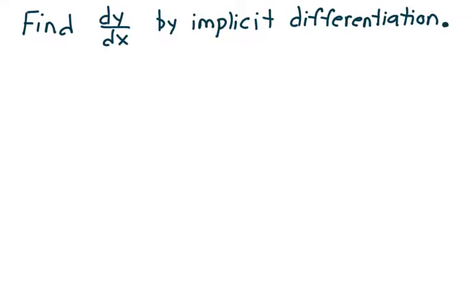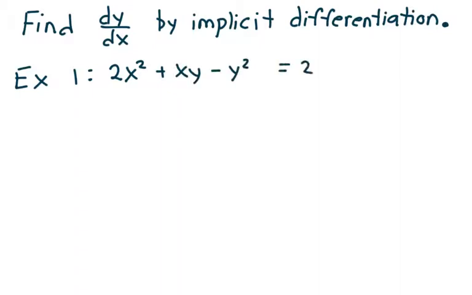And let's go ahead and take a look at number 1, example 1. Suppose I had this one, 2x squared plus xy minus y squared equals 2.